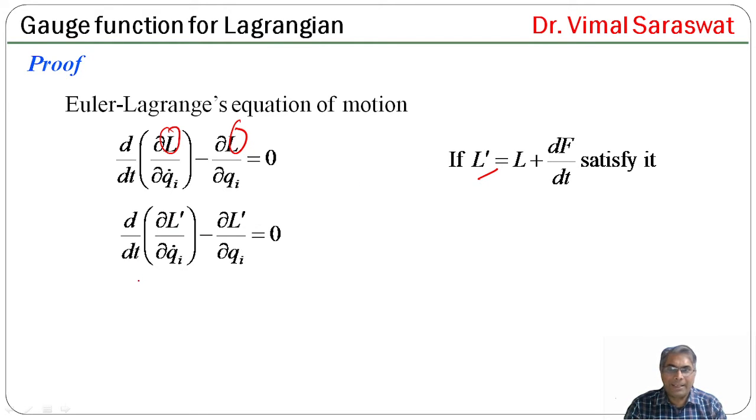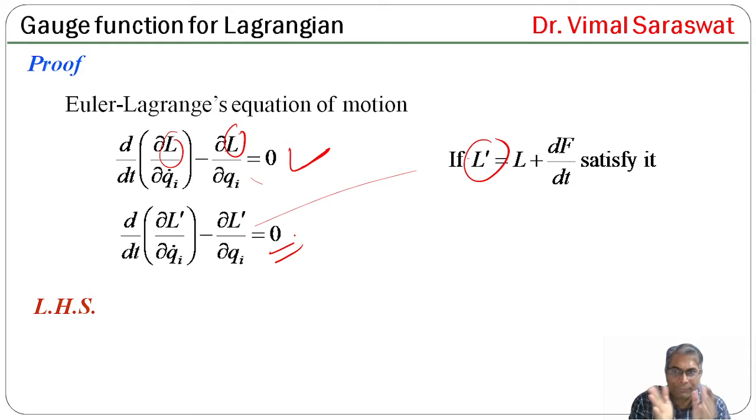So d by dt of del L dash upon del q_i dot minus del L dash upon del q_i equals 0. This is our Euler-Lagrange equation of motion, and since L dash satisfies it, we replace L with L dash and we get this one.